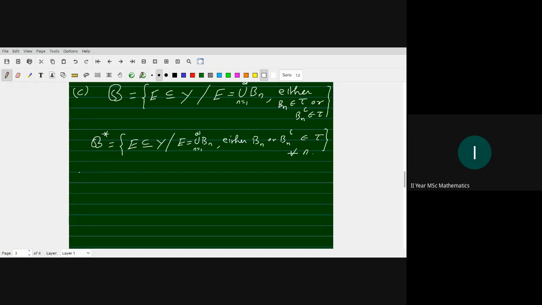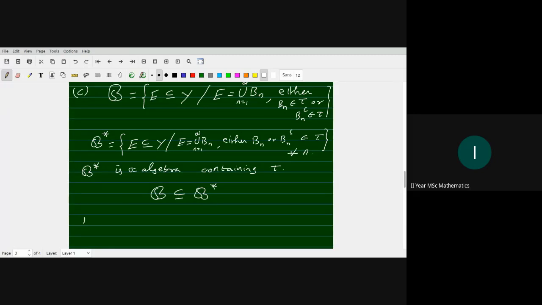So we should prove that this B star is a sigma algebra containing tau. Obviously B is the smallest sigma algebra, so every element of B can be written in this form, right?